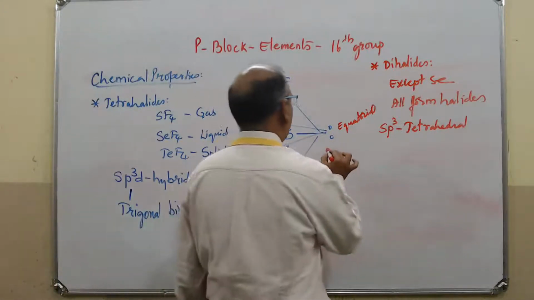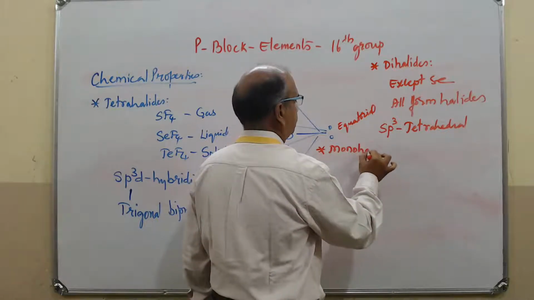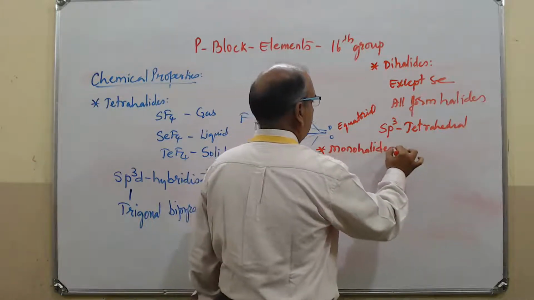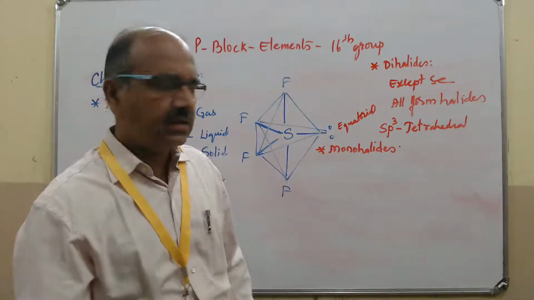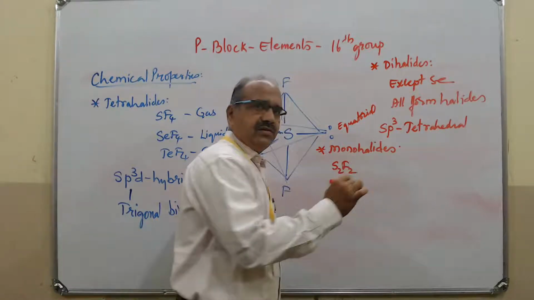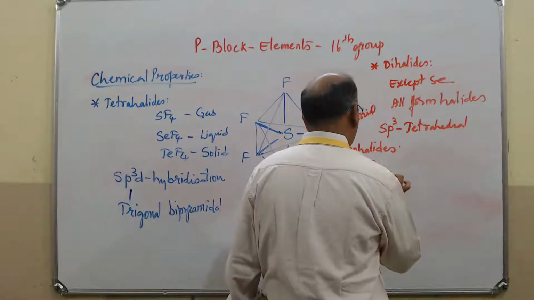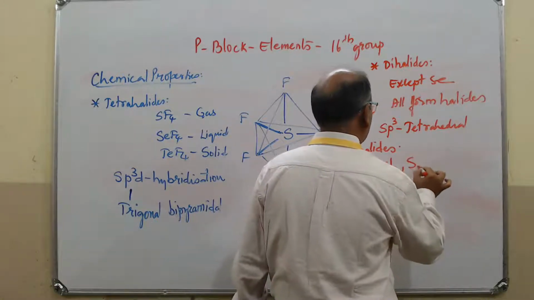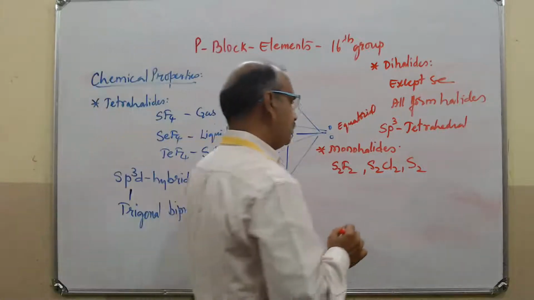Then next is monohalides. In the monohalides, what are there? S2F2, which exists in the dimeric form, then S2Cl2, S2Br2, Se2Cl2, and Se2Br2. All these are monohalides. Two atoms are there, so they exist in the dimeric form.